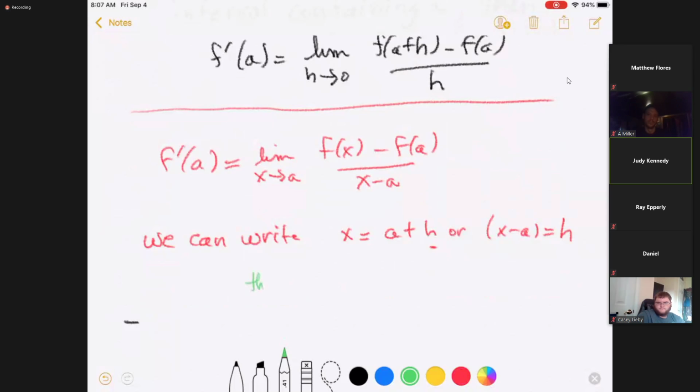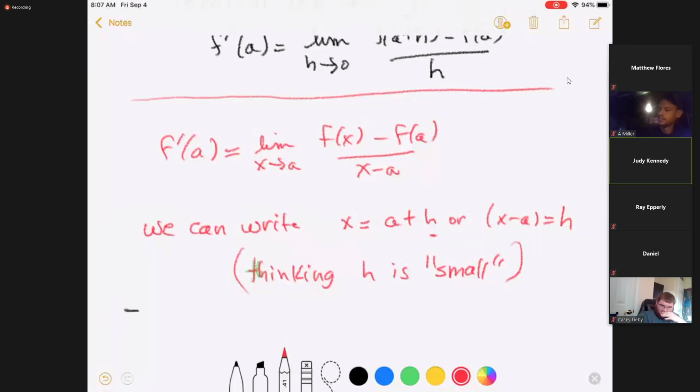You're thinking this h is small. It can be small negative or small positive. But okay, I can write x close to a but not equal to it as a plus some non-zero number.